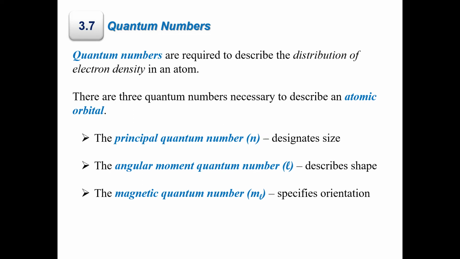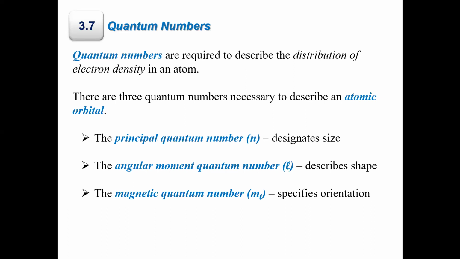The angular momentum quantum number is just trying to show the shape of an electron. Then the magnetic quantum number, which is represented with m subscript l, specifies the orientation of an electron. It gives the orientation of an electron.